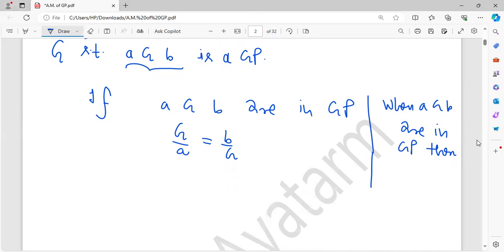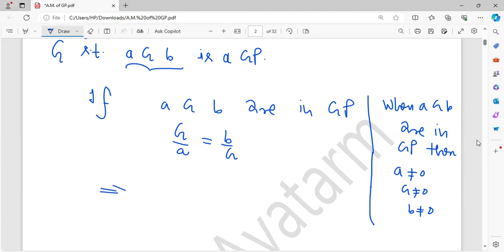It means A is non-zero and G has to be non-zero, and B obviously will be non-zero. Take any GP, in GP all the elements are always non-zero.